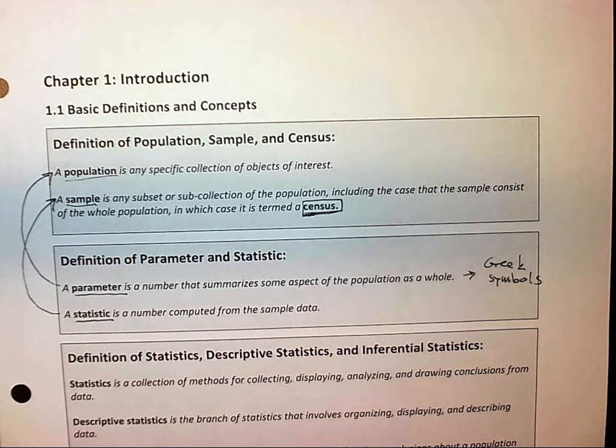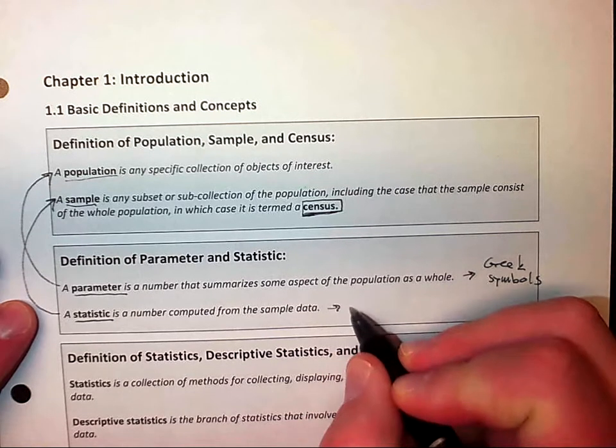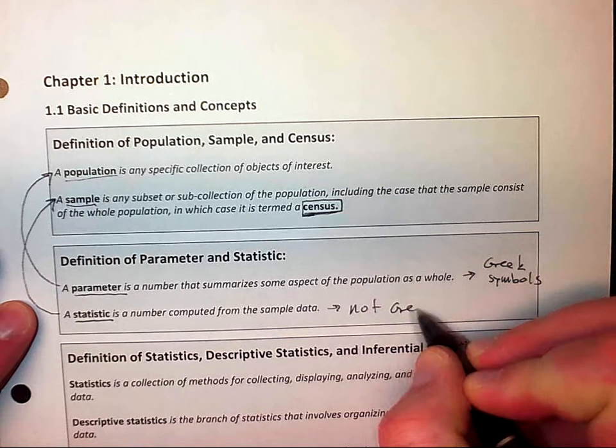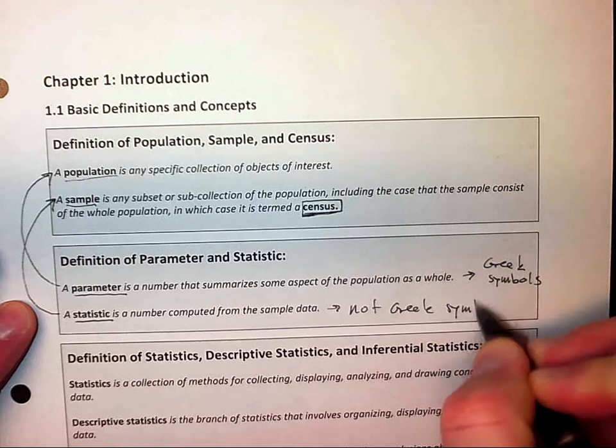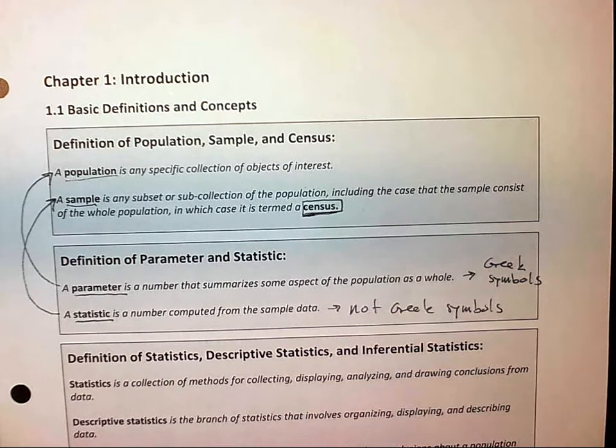And if you're looking for a parameter, you know you're going to be looking for a Greek symbol. It goes both ways. Statistics are not represented by Greek symbols. So therefore, just like I said before, if you see a Greek symbol, you know that it cannot be a statistic. It has to be a parameter. Is everybody good with that?